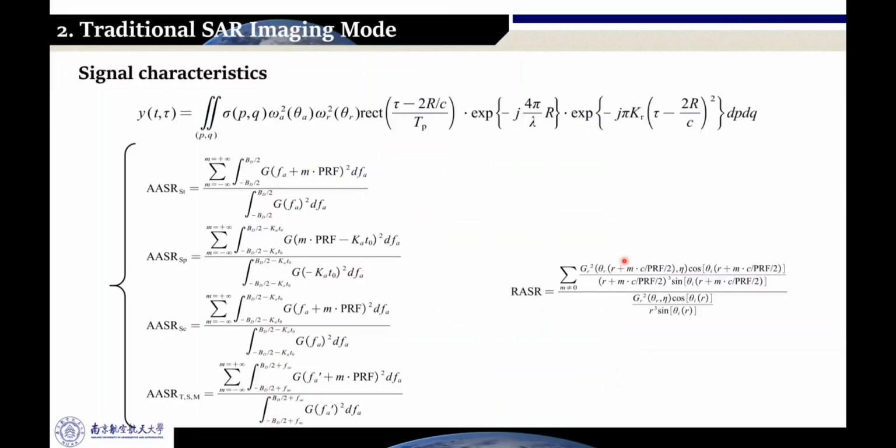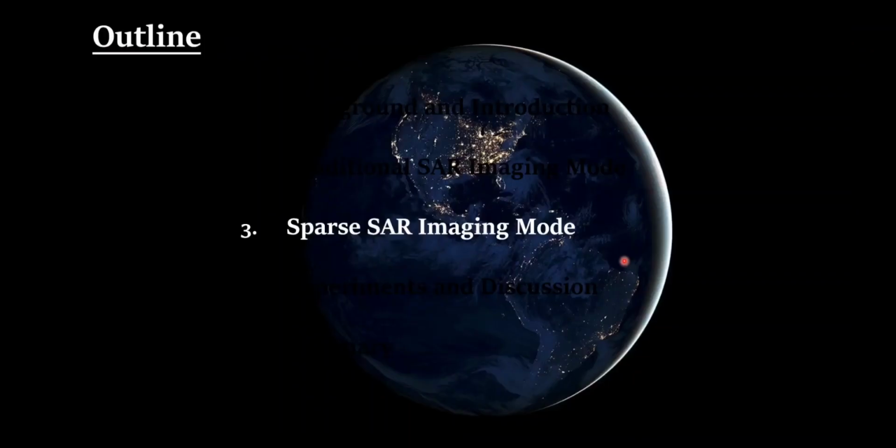The received data of different SAR imaging modes can be written as this equation. The theoretical calculations of the azimuth ambiguity to signal ratio, ASR, differ among these modes. The calculation of range ambiguity to signal ratio, RASR, is the same.